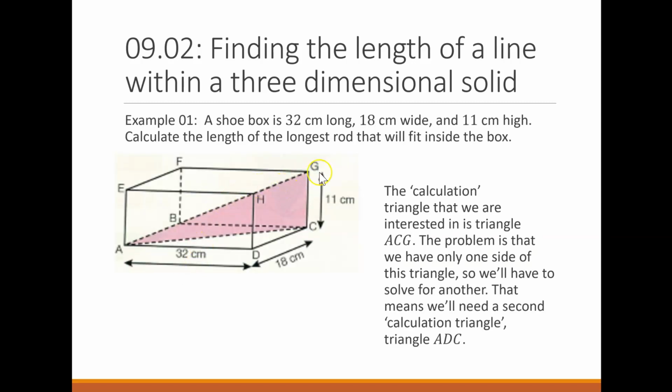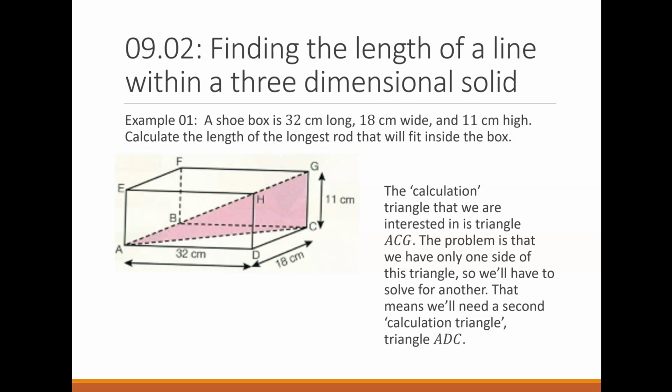So here is my sketch. The longest rod that could fit in there is going to go from the top corner to the opposite bottom corner. Everybody feels like that's the obvious answer, although you do need a little bit of three-dimensional imagination to see that.